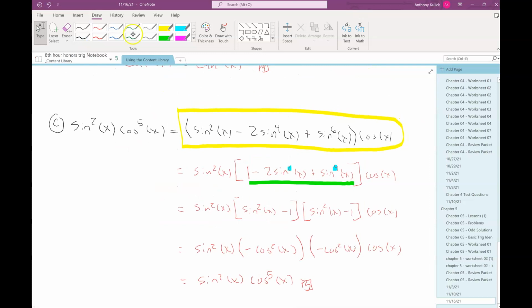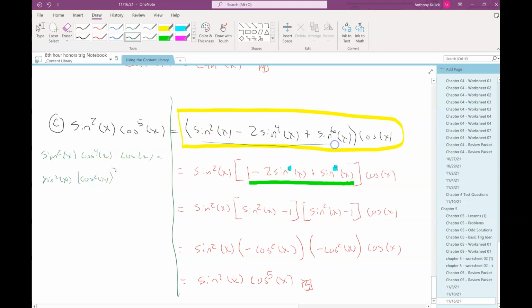So if you had chosen instead to do the other side, here's what I would have worked on. I would have said, okay, well, I know I have to get that cosine separated, so I would have just done that. Just turn cosine to the fifth into cosine to the fourth times cosine to the first. And then said, okay, well, cosine to the fourth is cosine squared squared, because I know that to get sines, that cosine to the fourth has to somehow turn into all this mumbo jumbo.